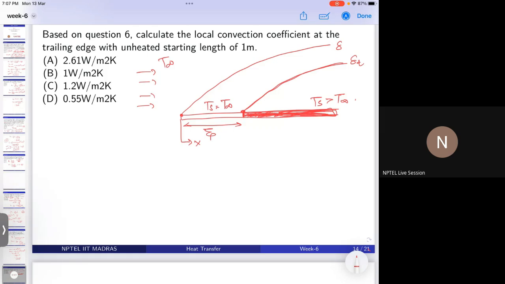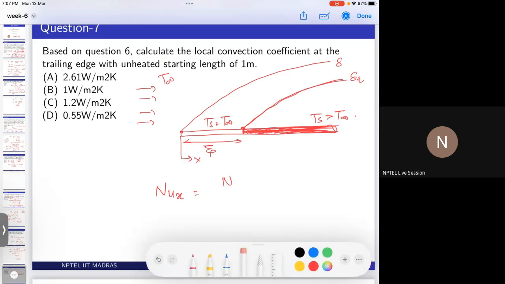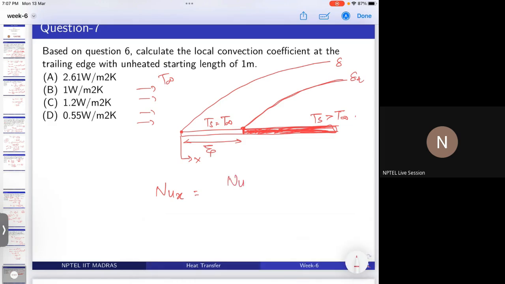In the textbook, we will get the direct equation, that is Nu x is equal to Nu x when eta is equal to 0, means when there is no unheated starting length, divided by 1 minus eta by x raised to 3 by 4, all raised to 1 by 3.